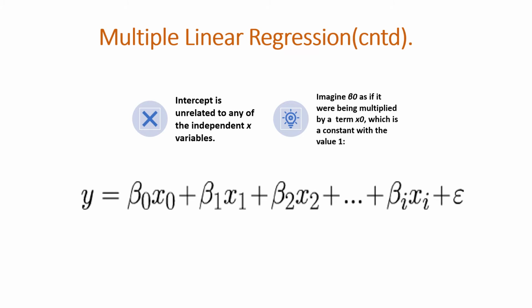So we can transform the equation into this format: y equals beta 0 x0 plus beta 1 x1 plus beta 2 x2 plus etc. beta i xi plus epsilon, where i ranges from 0 to a particular value. This x0 is added to make the equation like this. So x0 should always take the value 1, so that there is no change to the value of beta 0.